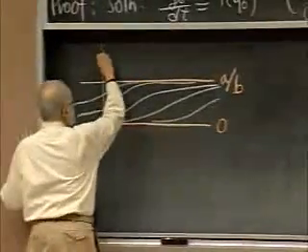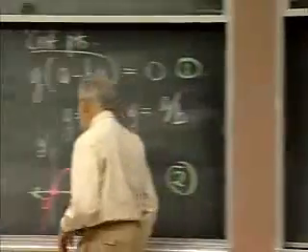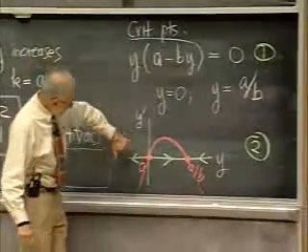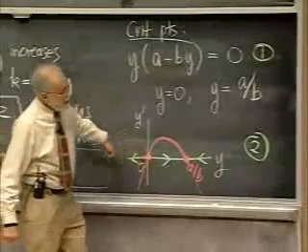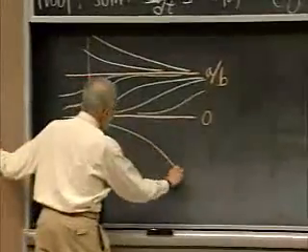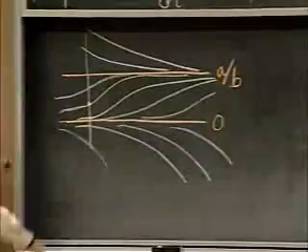So these guys up here are doing this. And how about the ones below the axis? Well, they have no physical significance, but let's put them in anyway. What are they doing? They are decreasing away from 0. So these guys don't mean anything physically, but mathematically they exist as solutions. They're going down like that.